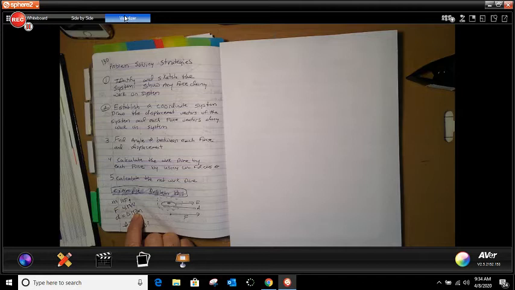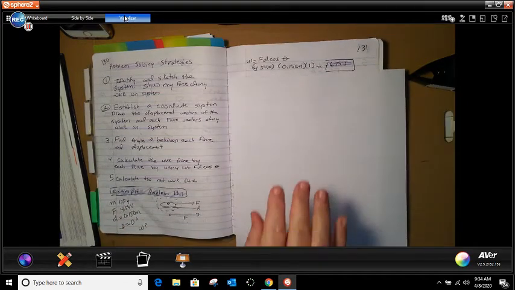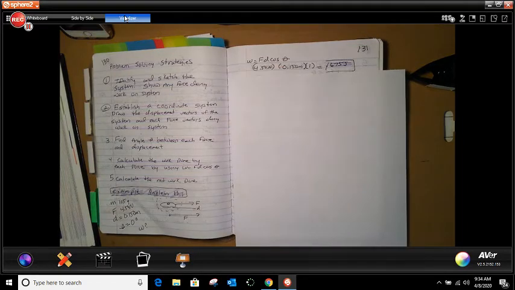How much work is done on the puck, assuming friction is negligible? So here we have our variables, and then we just use our calculator.